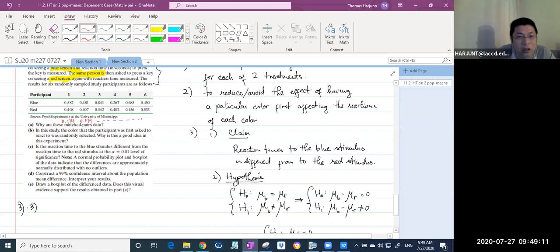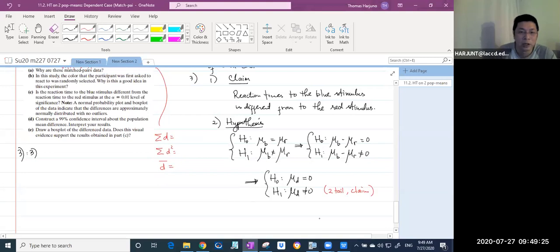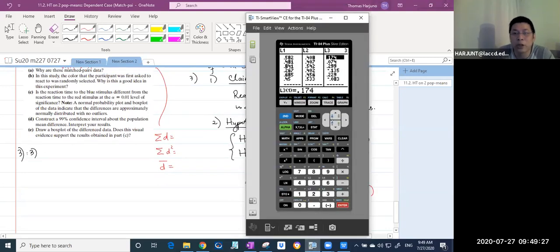Then you do the sum of d, the sum of d squared, and d bar equals the sum of d divided by 6, which we can actually see from here.